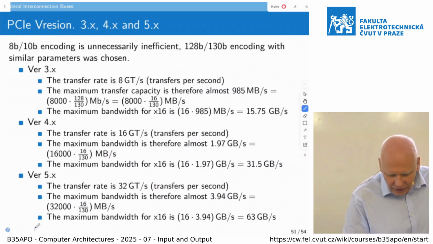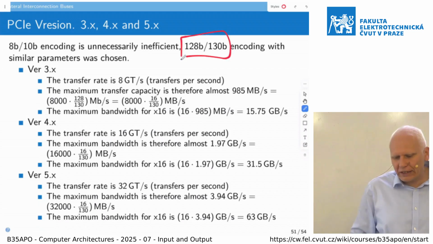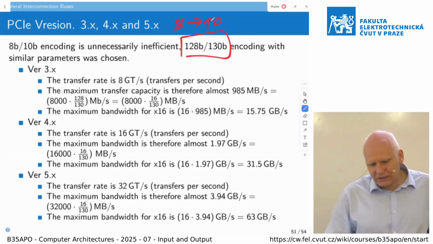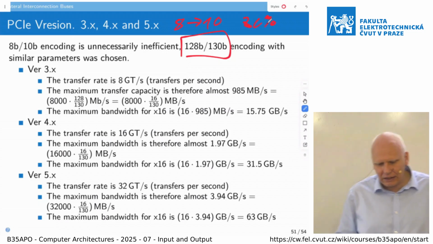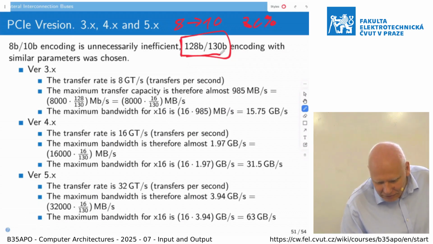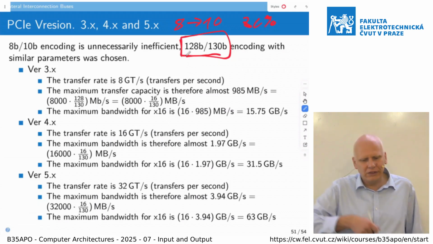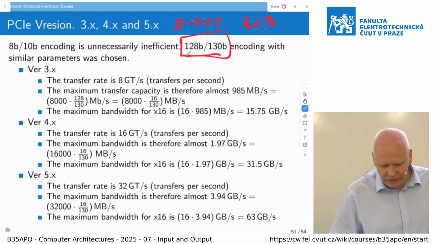Version 3 has found that the 8 to 10 encoding in fact wastes 20% of the link capacity. For that reason, they have switched to a similar mechanism which encodes 128 bits of data to 130 bits sent over the link.